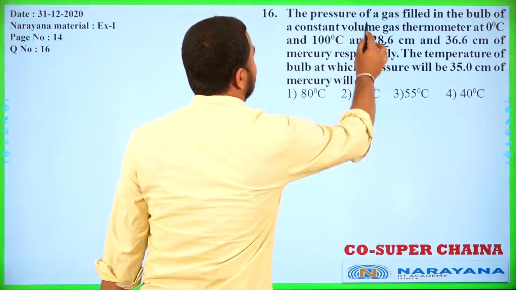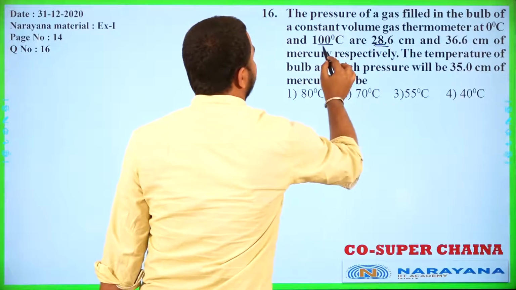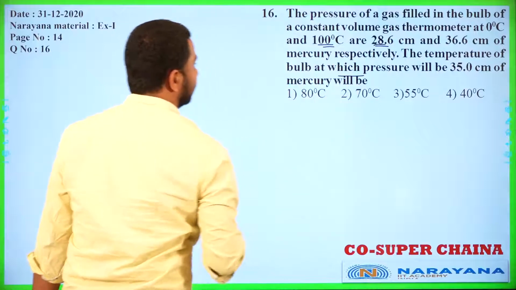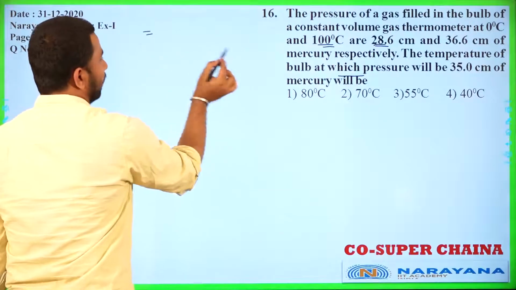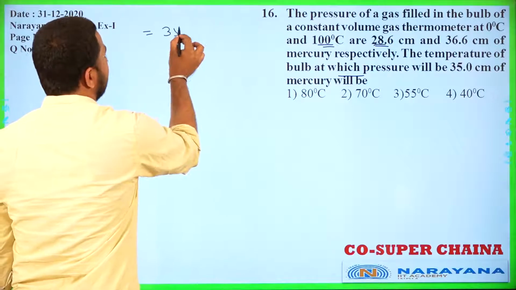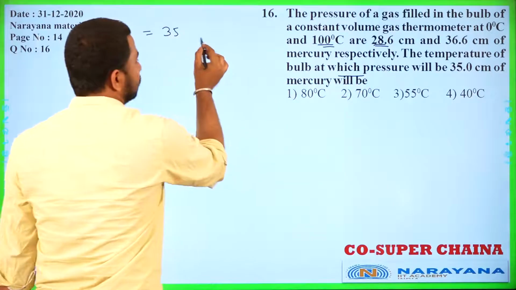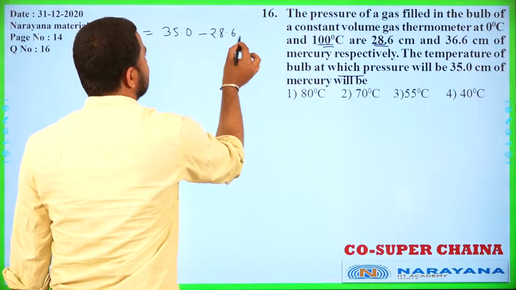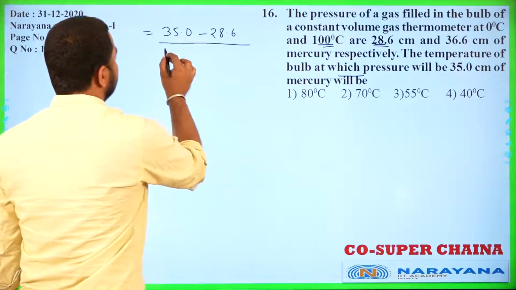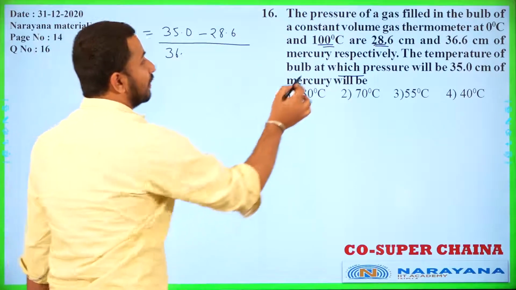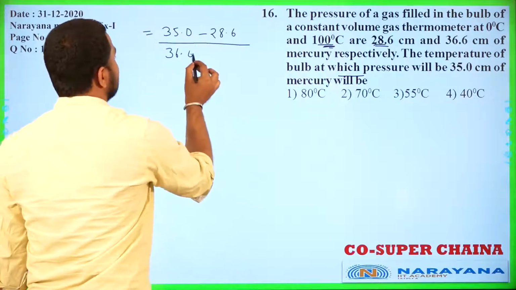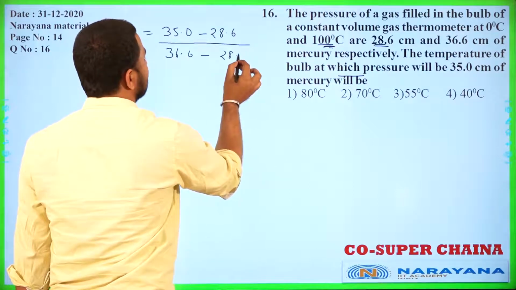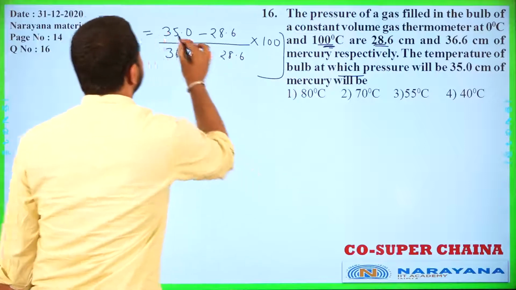Students, here the gas is filled at two different temperatures. Okay, so you have to find the temperature of the bulb at which the pressure becomes this. So if we write the values here, initially we have the temperature that we have to find. So 35.0 minus 28.6 by 36.6, that is the value at 100 degree Celsius, 36.6 minus T naught, that is 28.6 into 100, right?